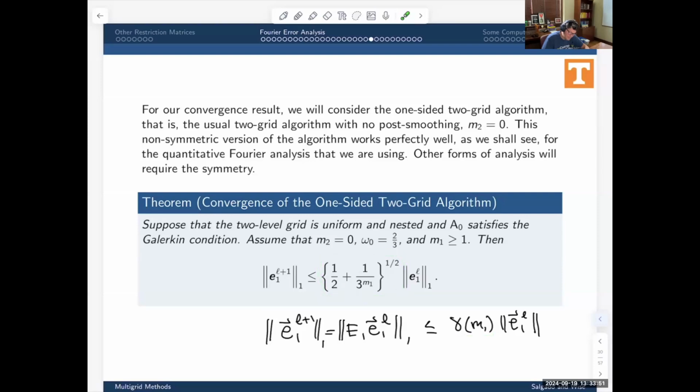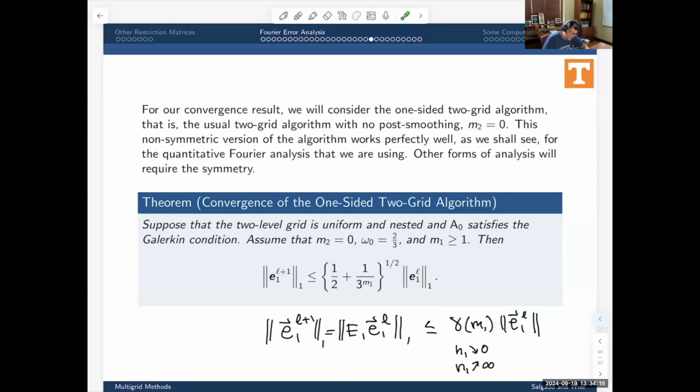And moreover, it doesn't degrade as H gets smaller and smaller. It's completely H1 independent, so it doesn't degrade as H1 gets small, or equivalently as N1 gets large. It's completely independent of those two numbers. It only depends on the number of pre-smoothing steps that I do.